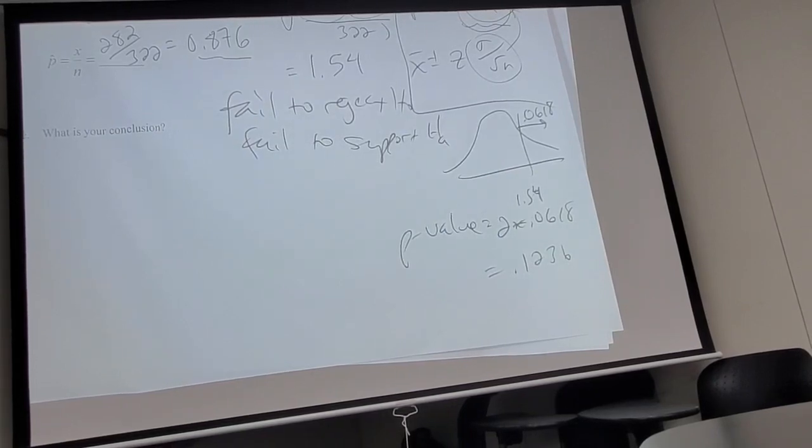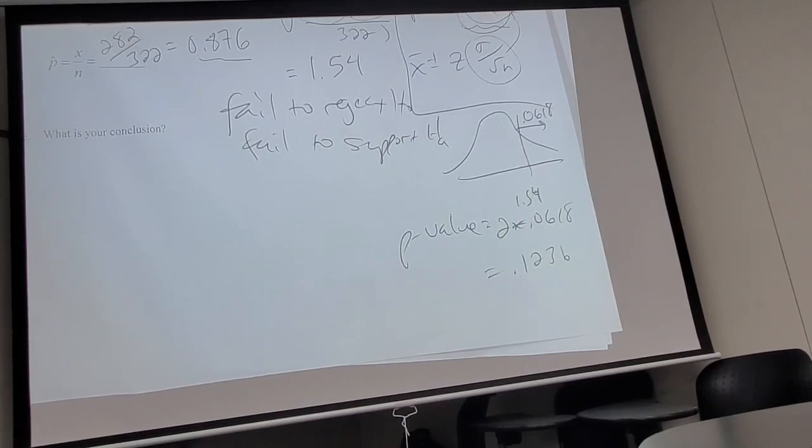What that means is there was a 12% chance of getting a sample where we did if 0.845 is the real number.